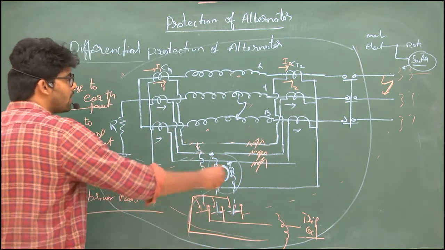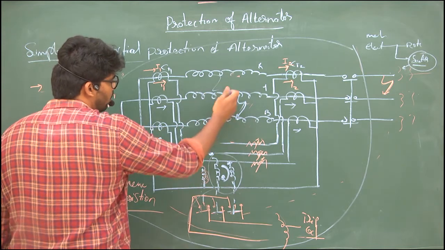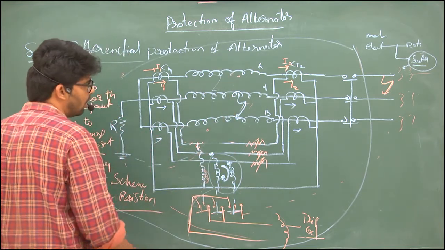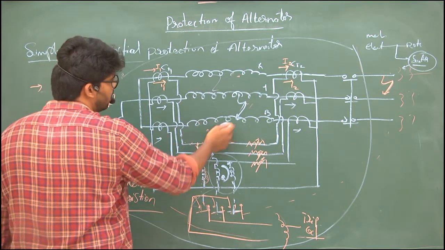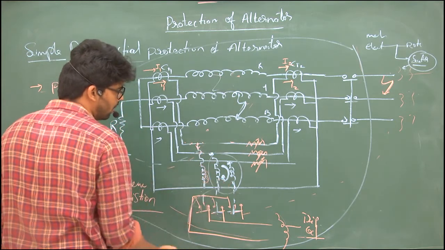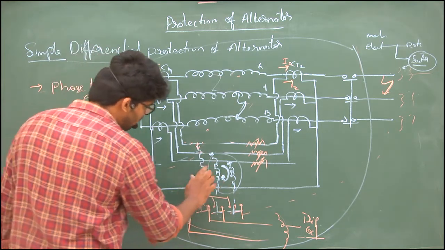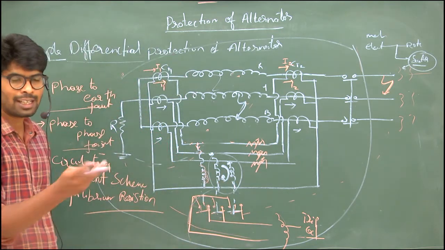This phase to phase fault may occur as R to Y, Y to B, or B to R. So if B to R is involved, this coil gets operated. Assume the phases are not connected side by side but in a spin manner.